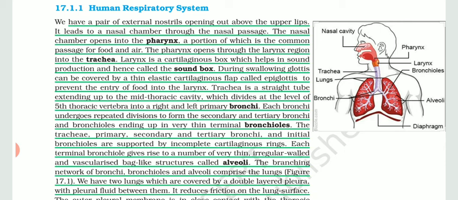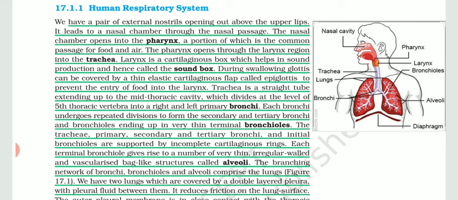The trachea, primary, secondary and tertiary bronchi, and the initial bronchioles are all supported by cartilaginous rings. Why are cartilaginous rings important? Because they prevent the collapsing of the windpipe.